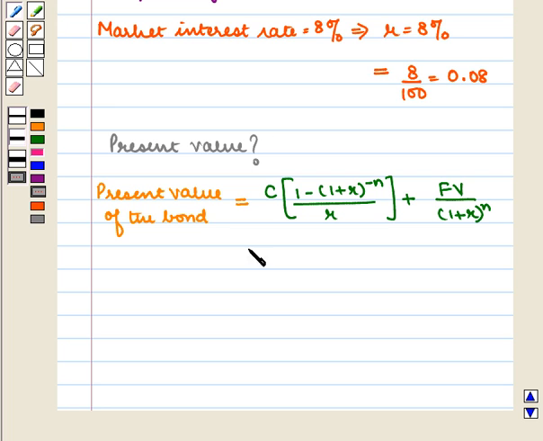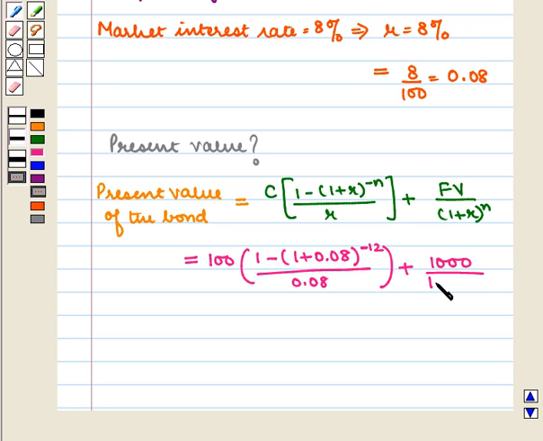Putting the values in the formula, this is equal to 100 into 1 minus (1 plus 0.08) the whole raised to power minus 12 upon 0.08 plus 1000 upon (1 plus 0.08) raised to power 12.